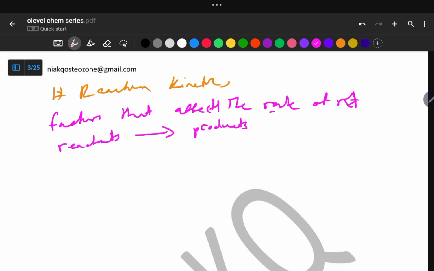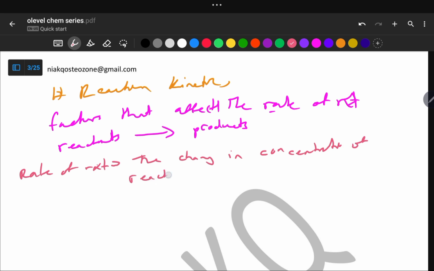So we can define the rate of a reaction by saying that it is the change in concentration of our reactants and products per unit time, right? So whenever you are talking about rate, always remember that we are talking about time.